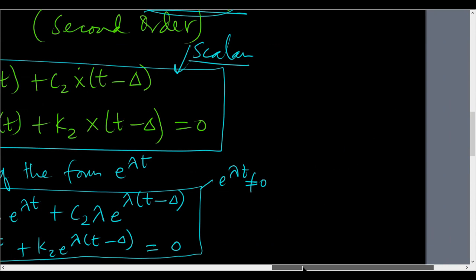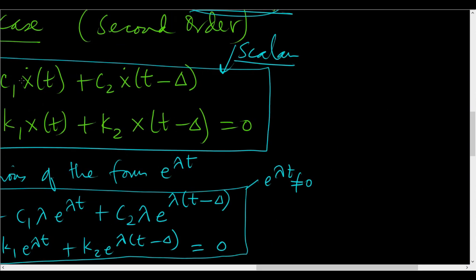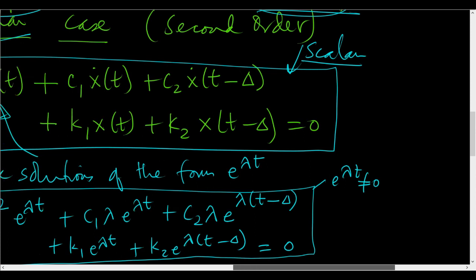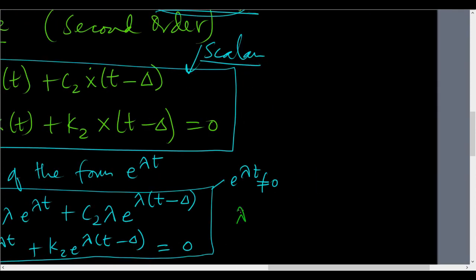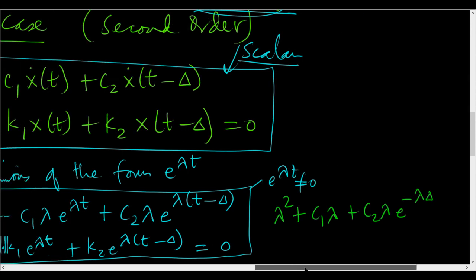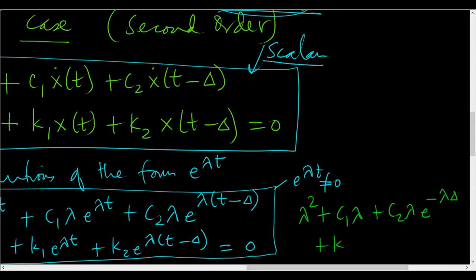Then we get this very interesting characteristic equation. So what we will get is lambda square plus c1 lambda plus c2 lambda e to the power minus lambda delta plus k1 plus k2 e to the power minus lambda delta equals 0.